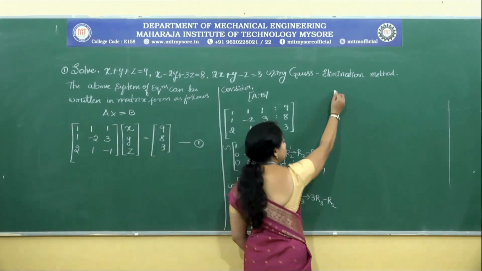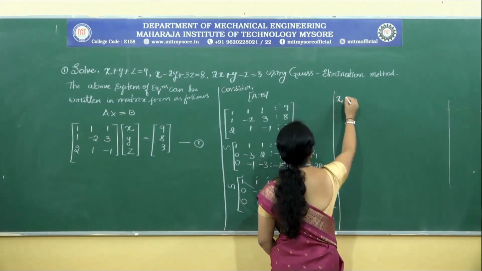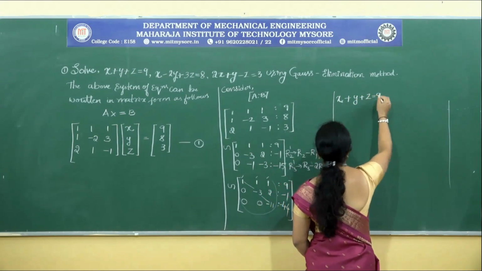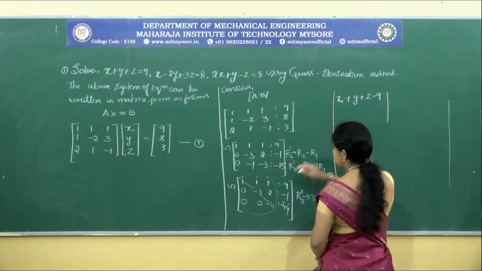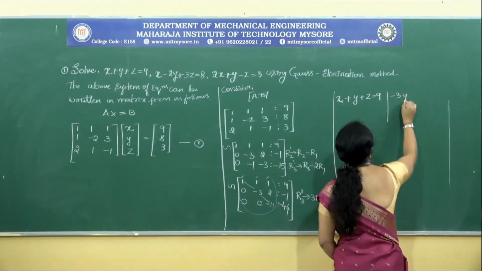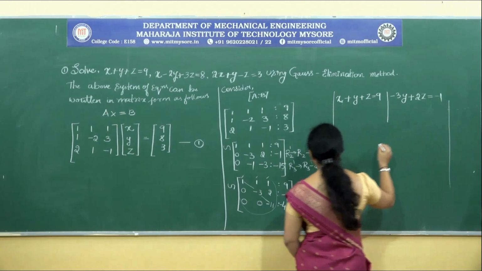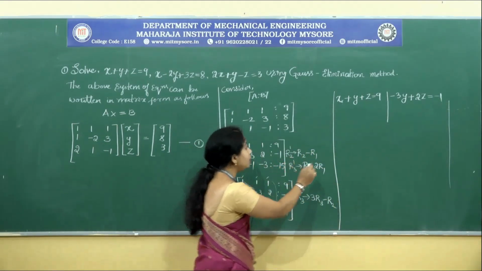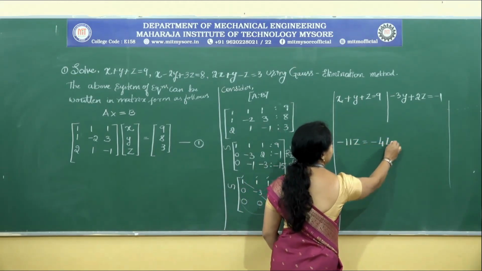That is 1 into x plus 1 into y plus 1 into z is 9. The next one is 0 into x minus 3 into y plus 2 into z equals minus 1, and the last equation is 0 into x, 0 into y minus 11 into z is minus 44.